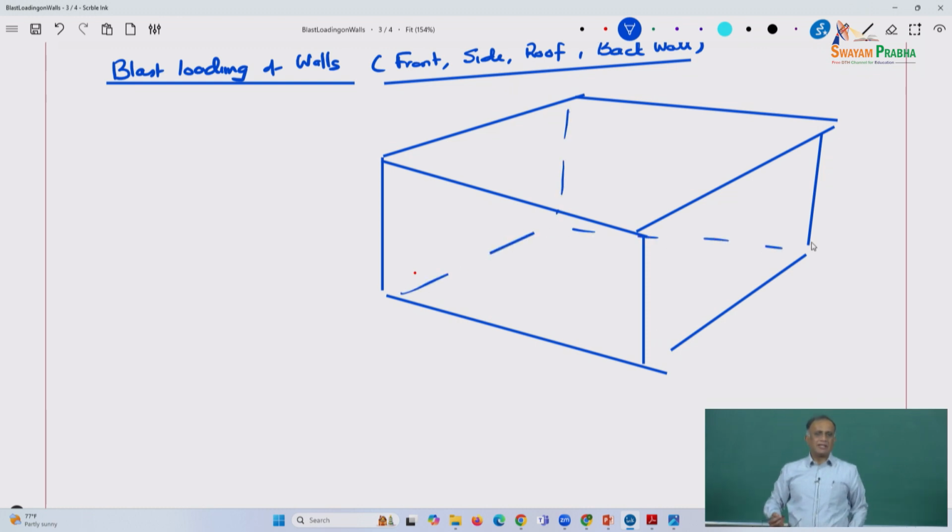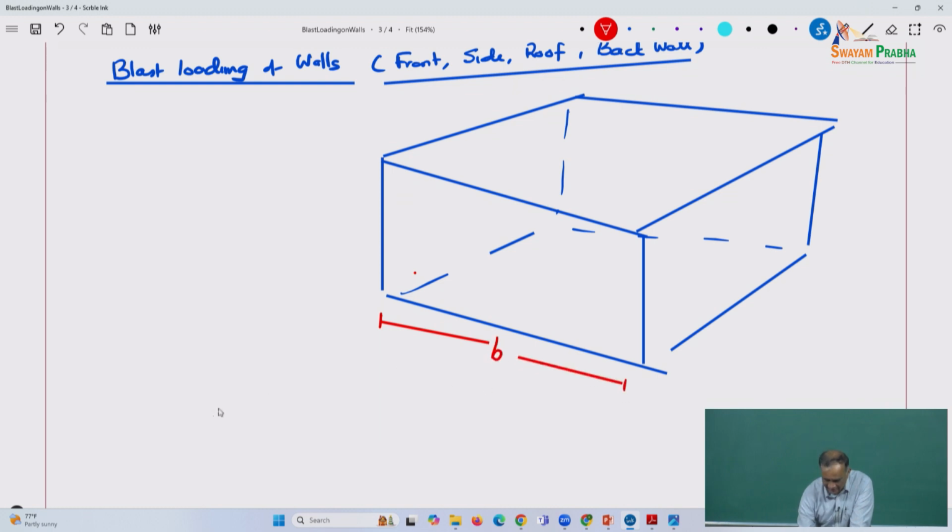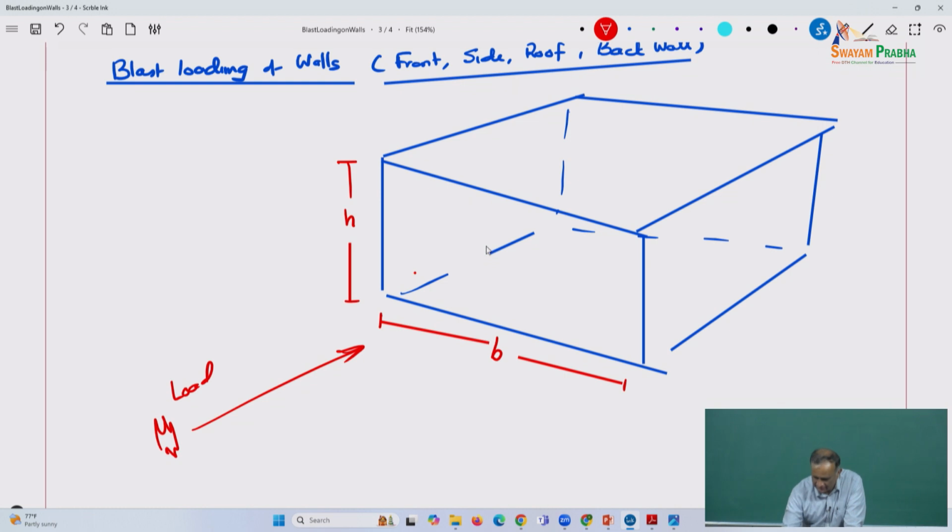Remember, you can have buildings of different footprints. So, we will take a simple example with footprints that are rectangular and with a common height. So, this is the width of the wall B, and the blast loading is in this manner. And this is your height of the building, and this is your length of the building.